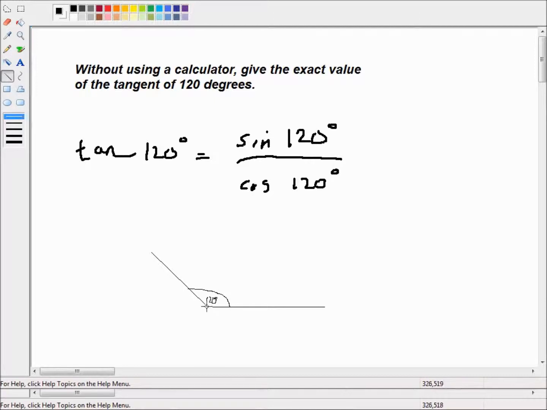I can think of this as 180 degrees minus 60 degrees.